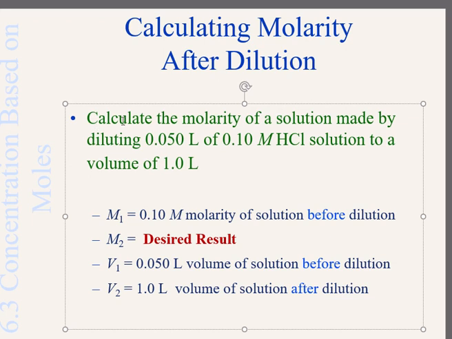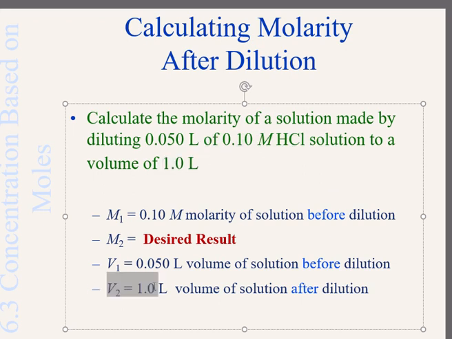Apply the same logic in finding which is V1 and which is V2. If we are taking 0.050 liter from our concentrated solution, then that value is V1. V1 equals 0.050 liters. And if we are making a solution whose total volume is 1.0 liter, then that's V2.